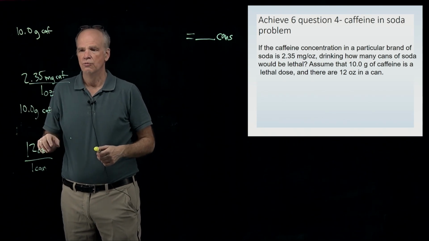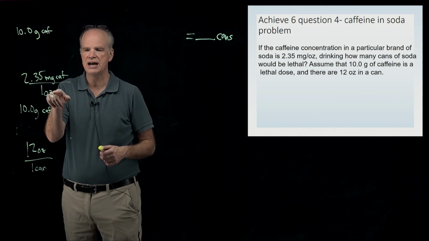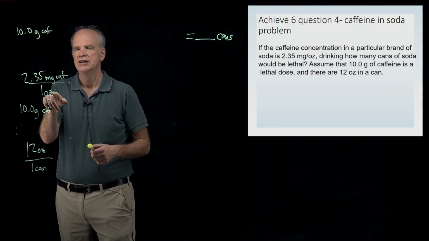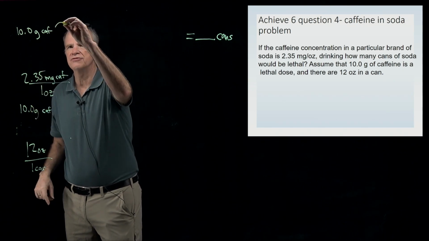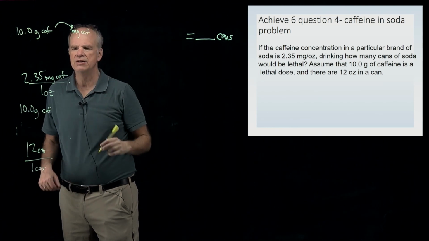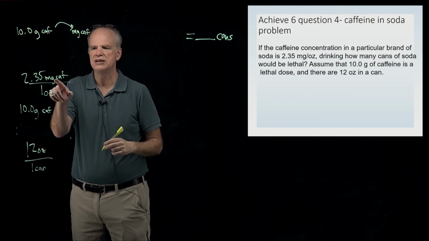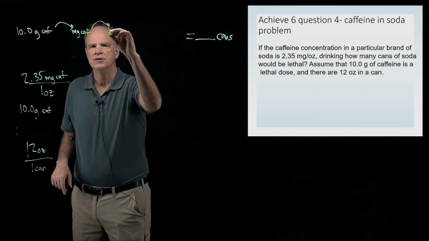One thing you might notice is that we have a conversion between milligrams of caffeine and ounces of soda. So I'm going to have to first convert grams of caffeine to milligrams of caffeine like this. And then once I'm at milligrams of caffeine, I can use this fraction to convert to ounces of soda.